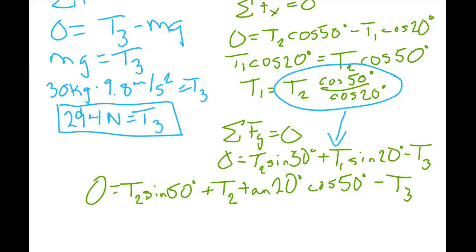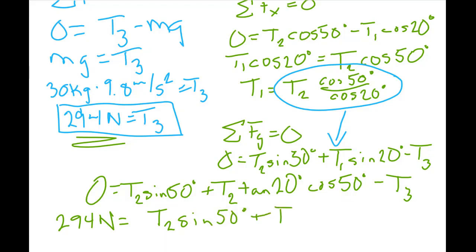I can bring T3 to the other side and also substitute in for the T3 value because I solved for T3 right here. So now I know that 294 newtons equals T2 sine of 50 degrees plus T2 tangent of 20 degrees times cosine of 50 degrees.